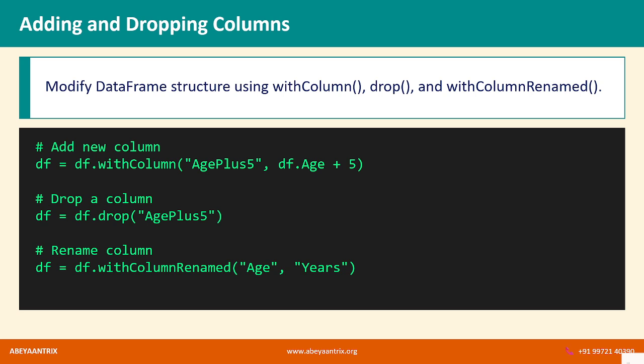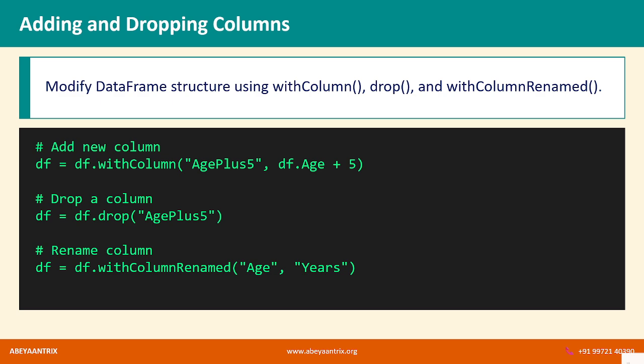Understood? Here I am adding a new column. What is the name of the new column? Age plus 5. What I am adding in that column is df.age + 5. The age column is already there, but I want to add a new column named age plus 5, and the values I give are the normal age values plus 5. So this is the new column I created.